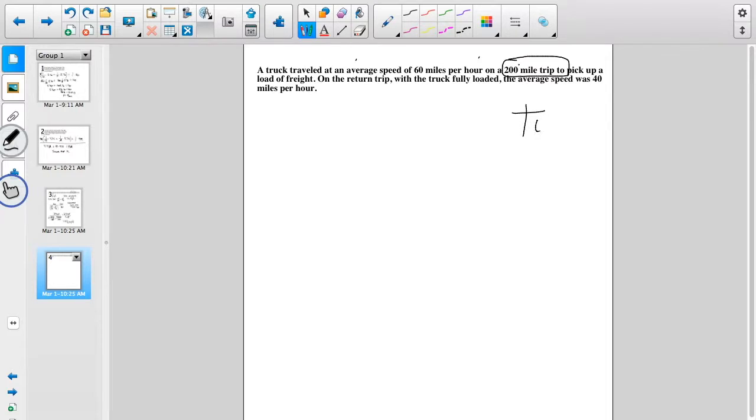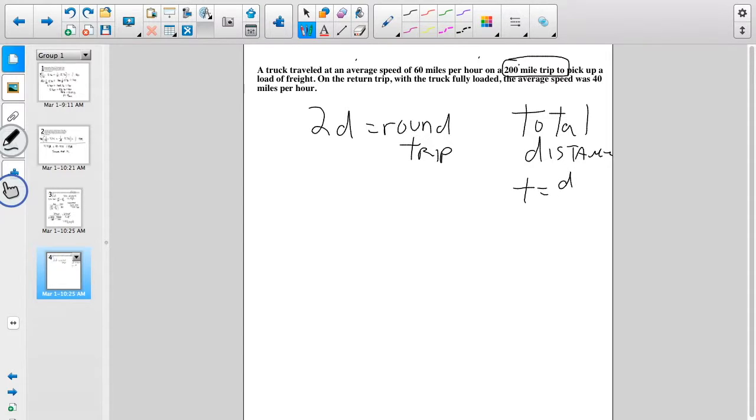So the first part of the problem is we compute the total distance. Since the total distance is the round trip, and each way is d, the round trip is going to be 2 times d. The total time it takes, we'll use the formula time equals distance over speed.